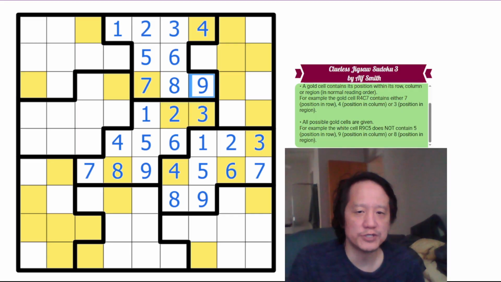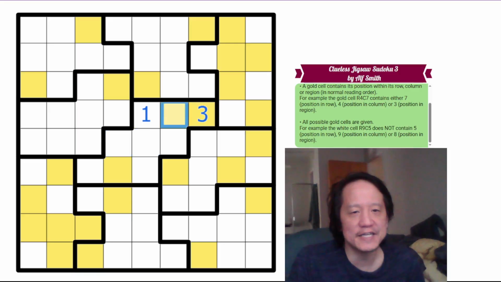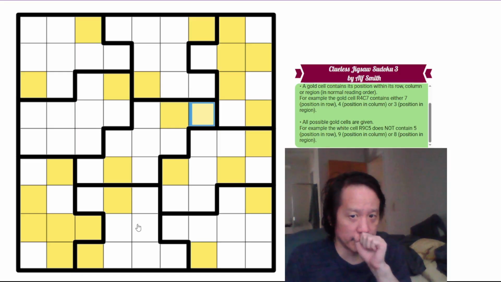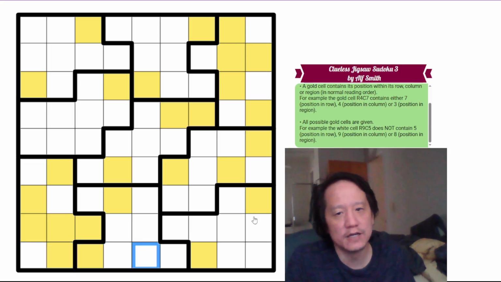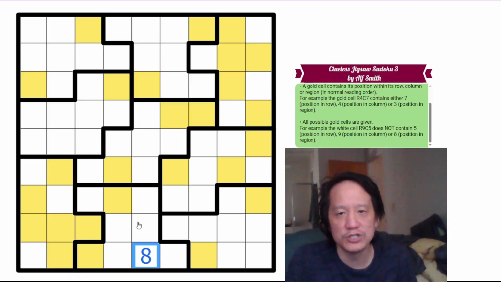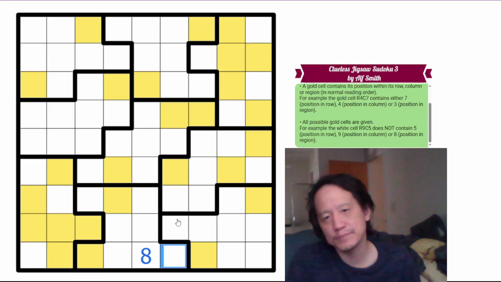And that's that rule set. And then all possible gold cells are given. So this is the negative constraint in place. So if it's not a gold cell, for example, the white cell in row 9, column 5, does not contain a 5, which is its position in the row, a 9, which is its position in the column, or an 8, which is its position in the region, right? 1, 2, 3, 4, 5, 6, 7, 8, 9.